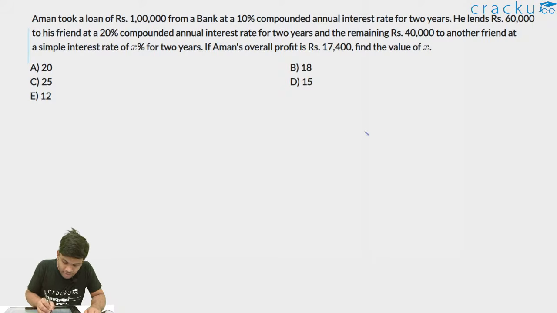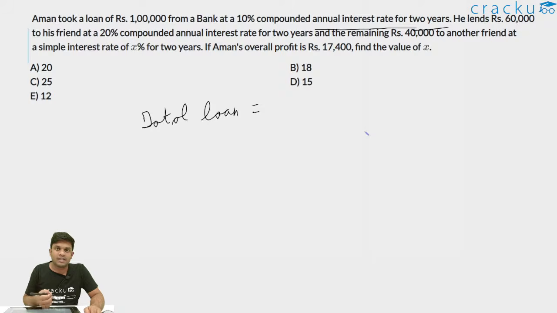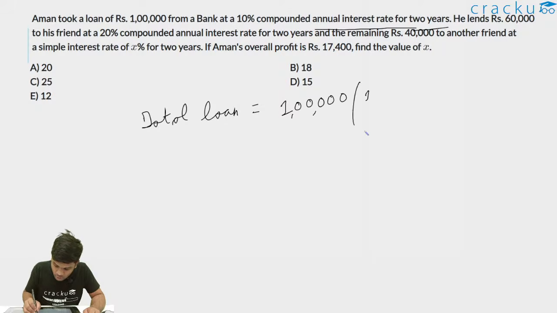Aman took a loan of 1 lakh from bank at 10% compound annual interest rate for 2 years. Okay. So Aman took a loan of 1 lakh at compound interest. So the total loan of Aman will be the principal amount plus the compound interest part. So we can directly apply the formula here, which is 1 lakh into 1 plus 10 by 100 to the power 2.